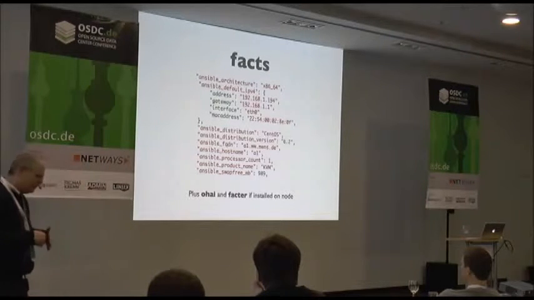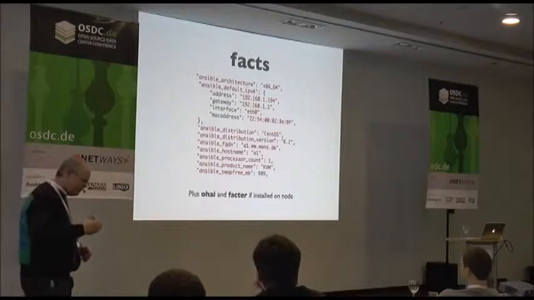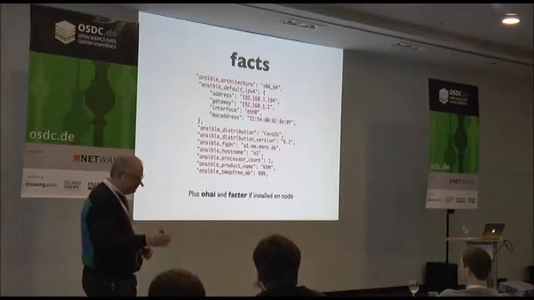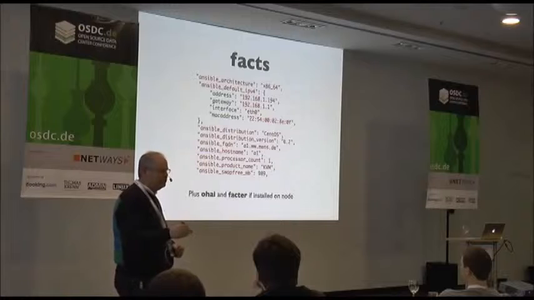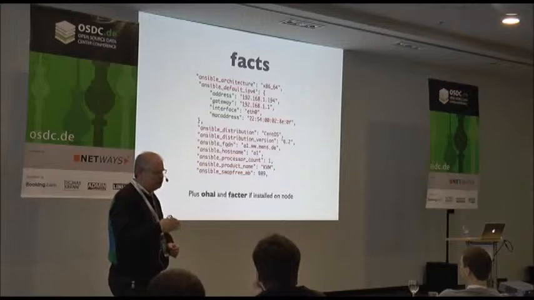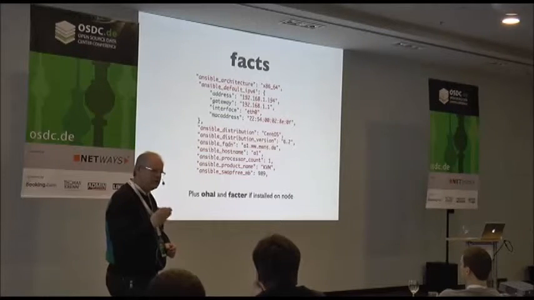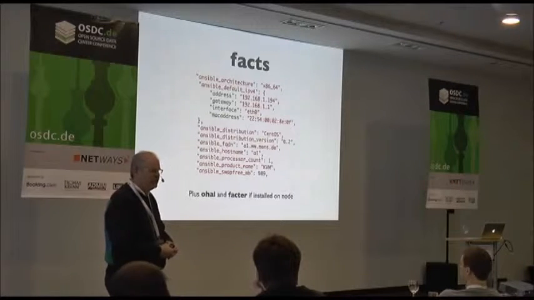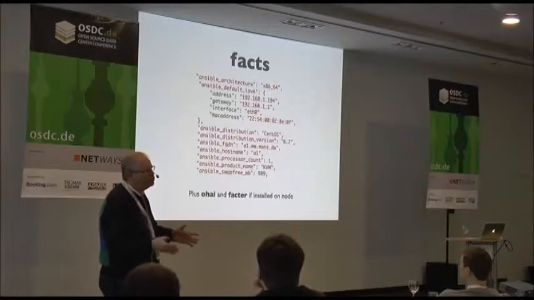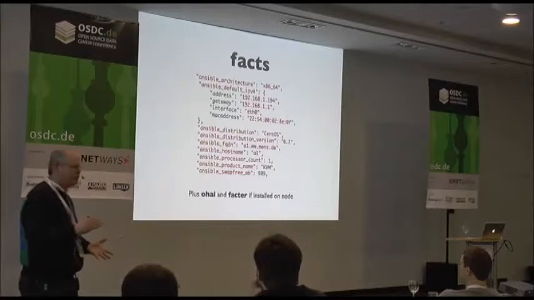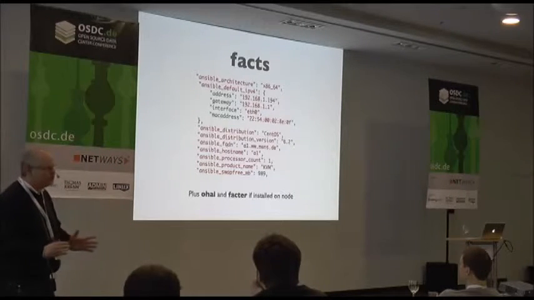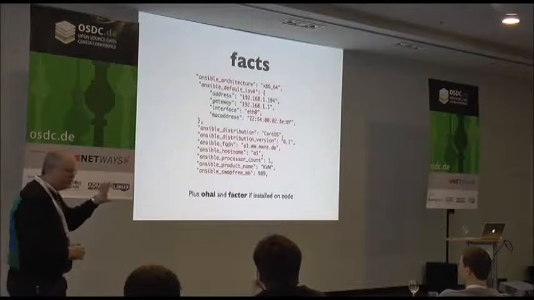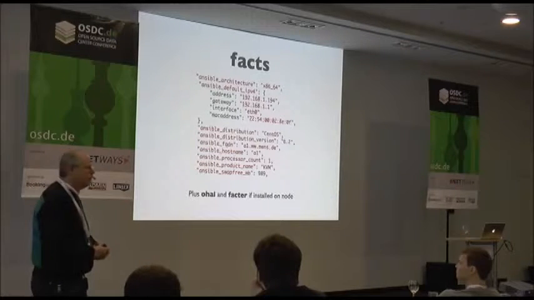When we run Ansible in a playbook, it will, as part of its first operation, which we can disable if we want, but normally it's very useful, run what is called a setup module. And the setup module gathers information about the target node. These facts are brought back as a quite large data structure, which contain all sorts of information. This is just a tiny fragment, for space reasons.